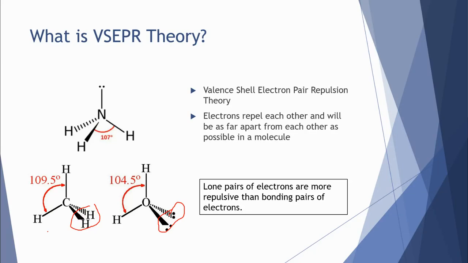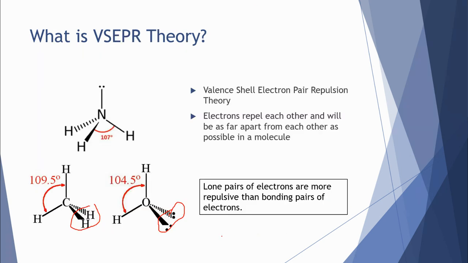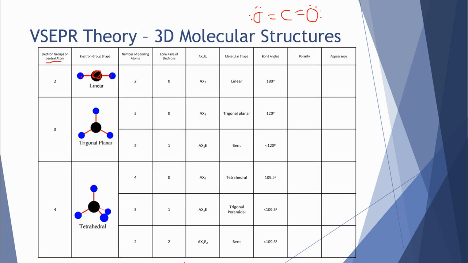Each of these central atoms has 4 electron domains, and if it has just 4 bonding atoms, like methane, CH4, that's called a tetrahedral molecular geometry as well. If it's ammonia with 3 bonding atoms and 1 lone pair of electrons, it's trigonal pyramidal. And if it's water with 2 bonding atoms and 2 lone pairs of electrons, it would be called bent.